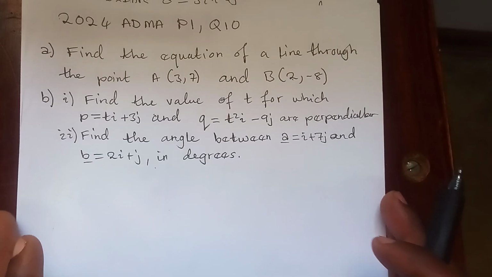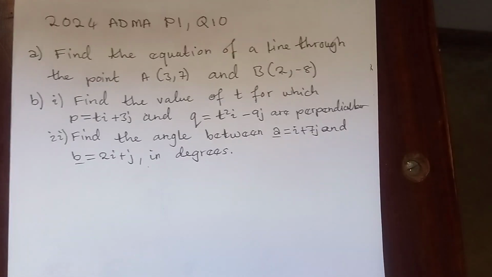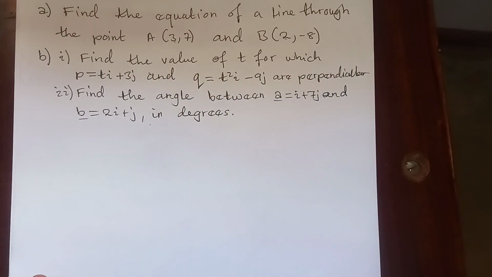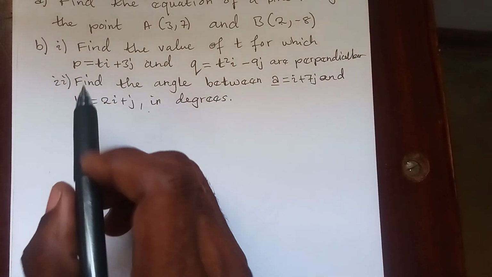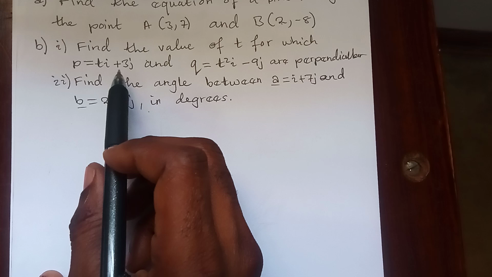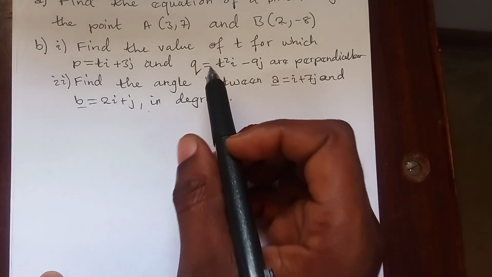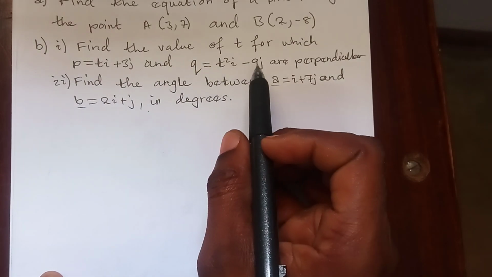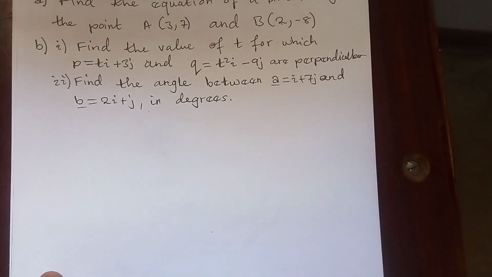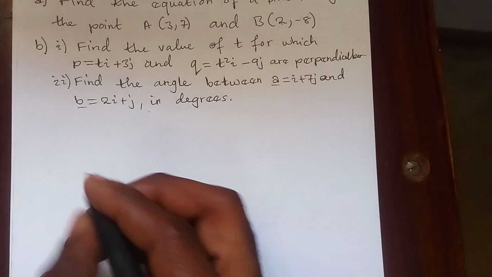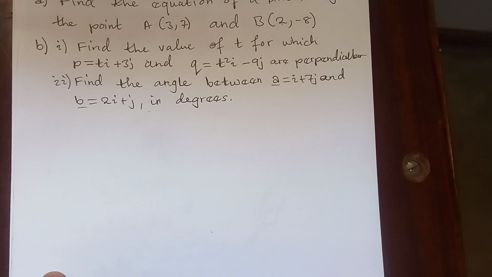So now let's look at the second part. The second part is saying find the value of t for which p, which is 2i plus 3j, and q, which is 2t squared i minus 9j, are perpendicular. When two vectors are perpendicular, it means their dot product is 0.